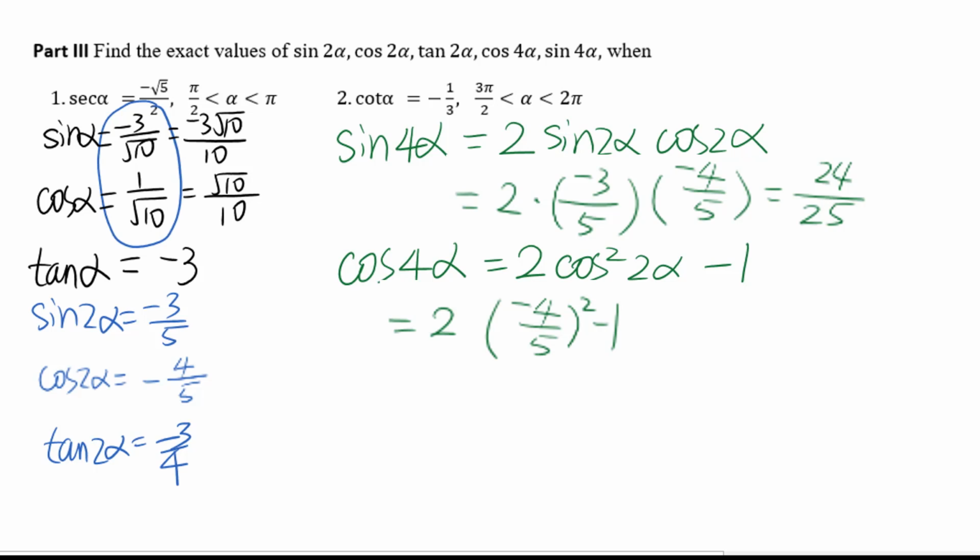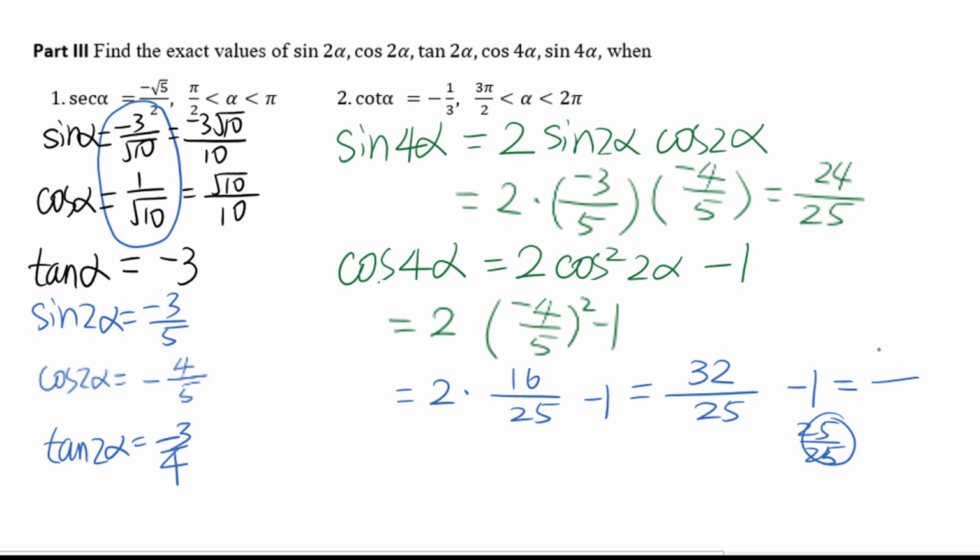So you will get 2 times -4 over 5 squared minus 1. Then you get 2 times 16 over 25 minus 1. That is 32 over 25 minus 1. Then you can change this into 25 over 25 so that you will get 7 over 25.